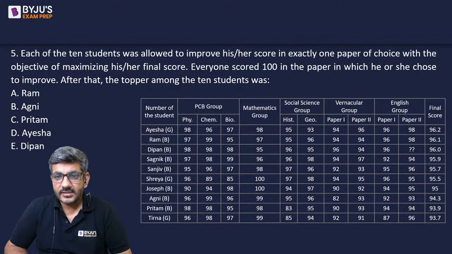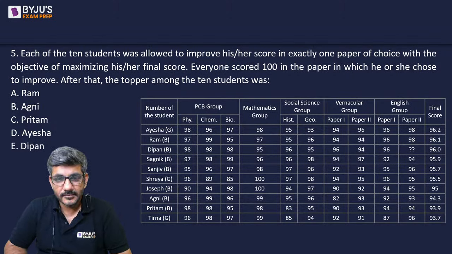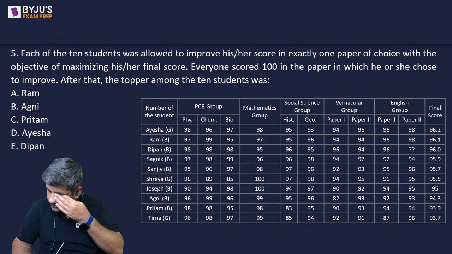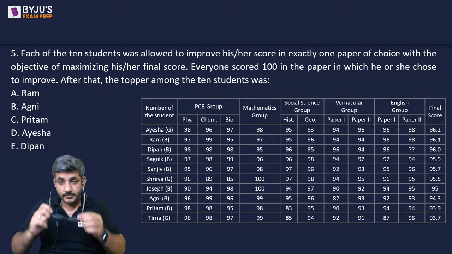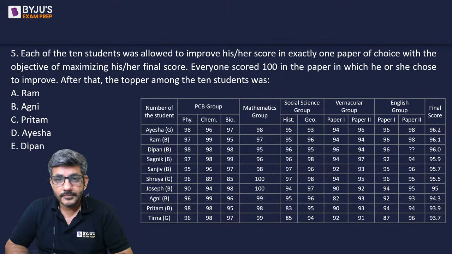Okay, Hirva has got the answer. Vaibhav has got the answer. No, Virendra, average of Aisha in social science group was 94.